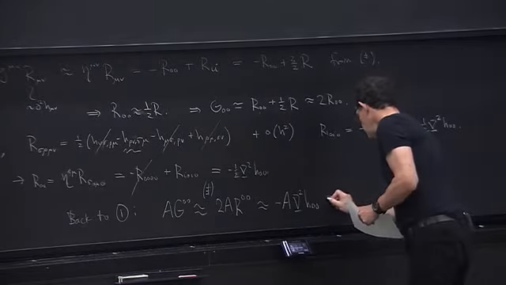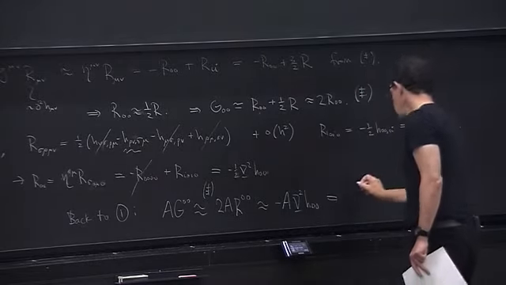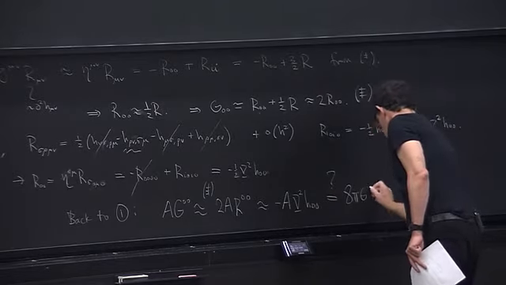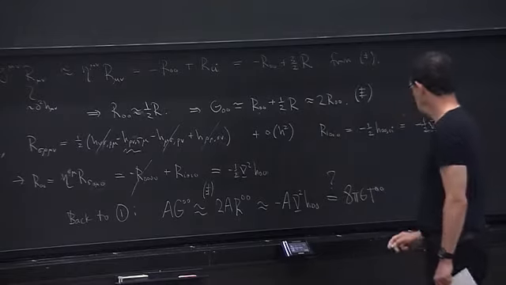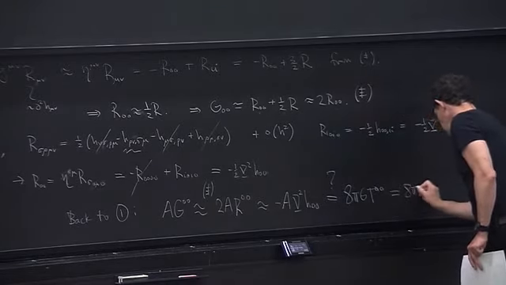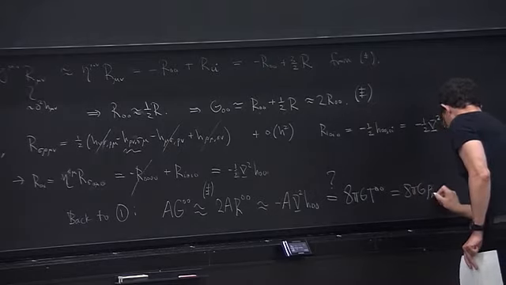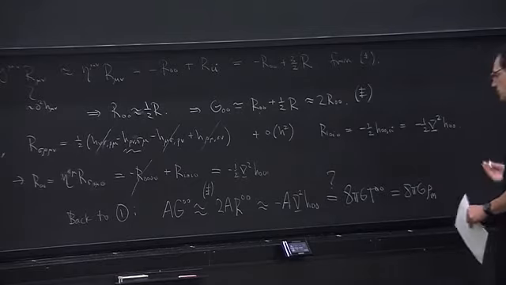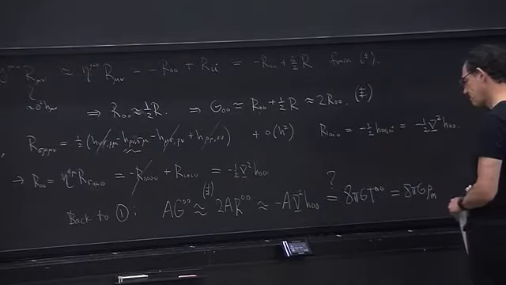And this is supposed to be equal to 8 pi g t00, right? But t00 is 8 pi g rho matter, because I'm using c equals 1.